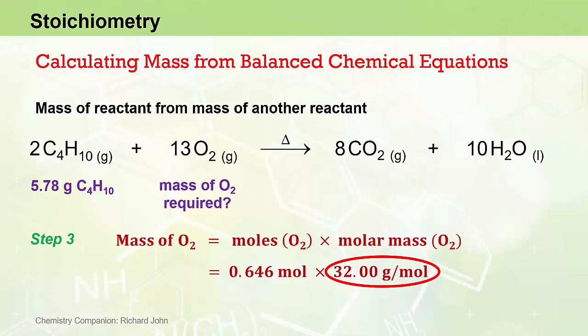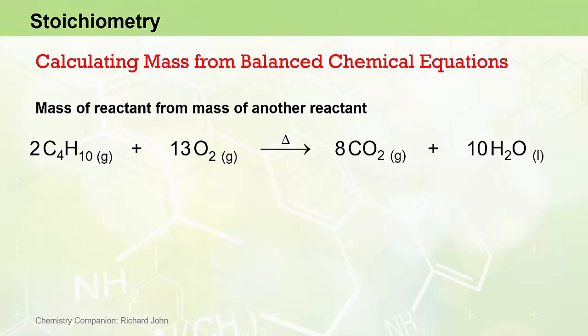And we get that number by doing our separate calculation of molar mass of the O2 molecule being 2 times the molar mass of a single oxygen atom, which is 2 times 16.00 grams per mole. And remember, we get the molar mass of a single oxygen atom directly from the periodic table. Multiplying these numbers together using our calculator, we end up with 20.7 grams of oxygen being required to react exactly with 5.78 grams of butane.